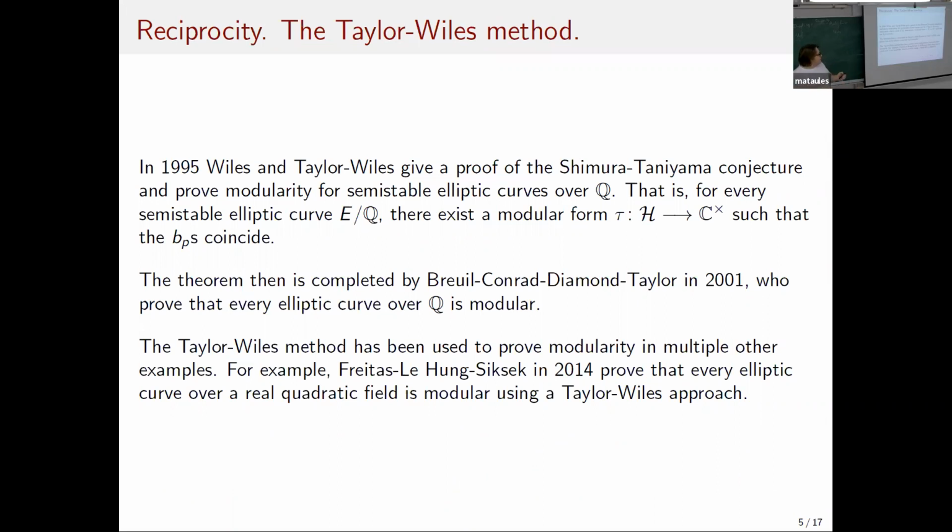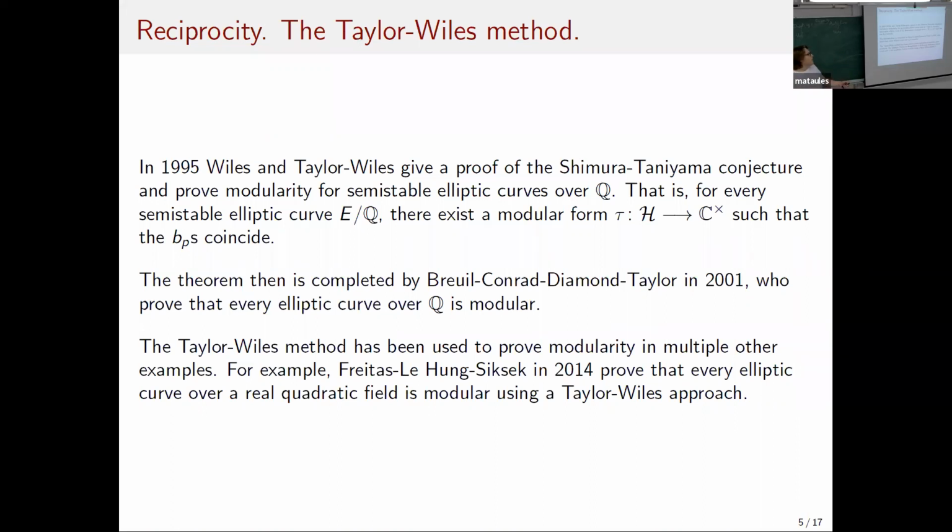In 1995, Taylor and Wiles proved the Shimura-Taniyama conjecture, and they proved modularity of semistable elliptic curves over Q. This is pretty technical, but what I'm saying is there is some kind of Diophantine equation over Q which we can prove modularity for. This means that there exists this analytic object right here, where H is the upper half plane, such that the VPs coincide. You have one kind of equation, and you can prove modularity with this function.